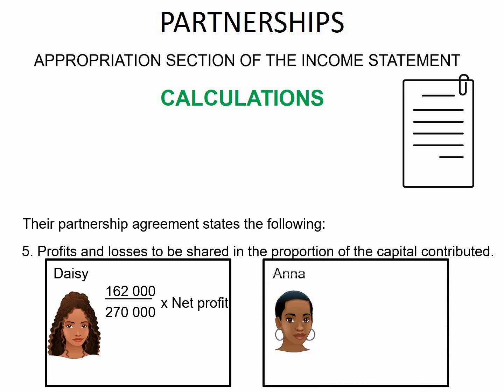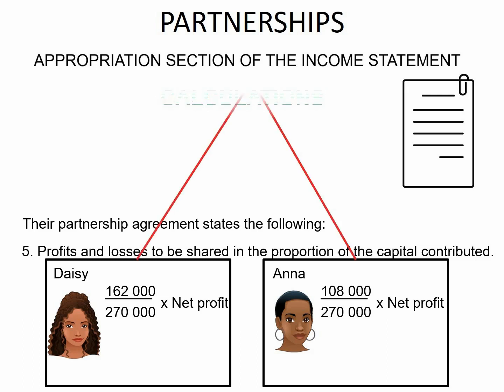And we'll do the same for Anna. However, Anna only contributed 108,000 over 270 multiplied with the net profit. If you take 162 plus 108,000, you will get to 270,000. And the total of both partners' capital we will use as the denominator.